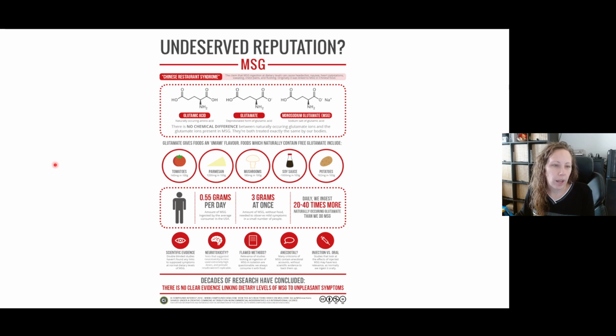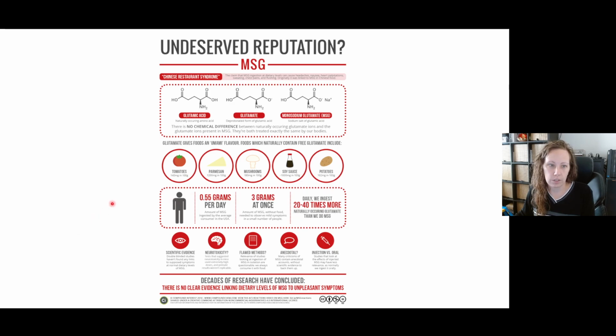And so I want to point out, average consumption, this is a little thing I found online. Average consumption of MSG by the average consumer in the USA is a little over 0.5 gram a day. But daily, we ingest 20 to 40 times more naturally occurring glutamate in our foods.